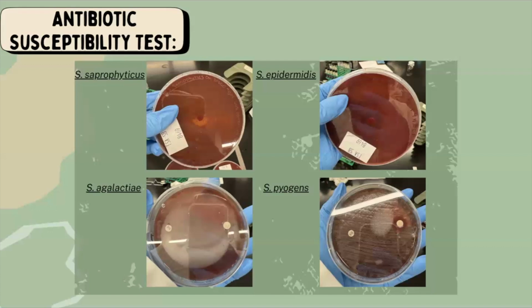And for S. pyogenes, for the bacitracin, we expected sensitive because it had a bigger result. So that's expected. And for both the S. agalactiae and S. pyogenes, novobiocin had no reaction because it's not really used for strep.